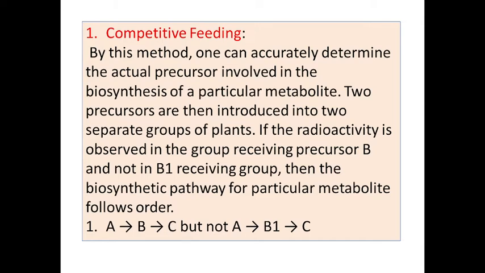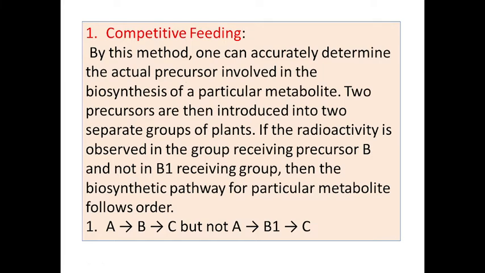By this method one can accurately determine the actual precursor involved in the biosynthesis of a particular metabolite. So what is the actual precursor, or which intermediate will follow the path and synthesize that particular metabolite, can be determined by using the competitive feeding method.